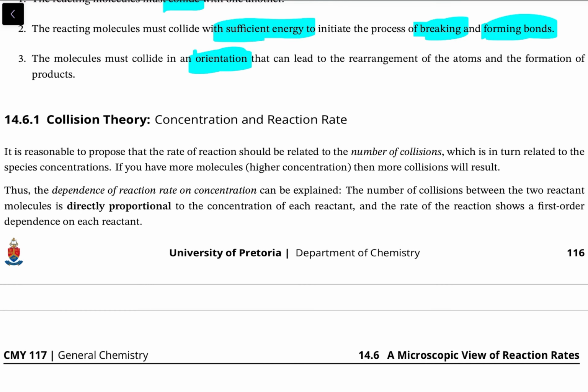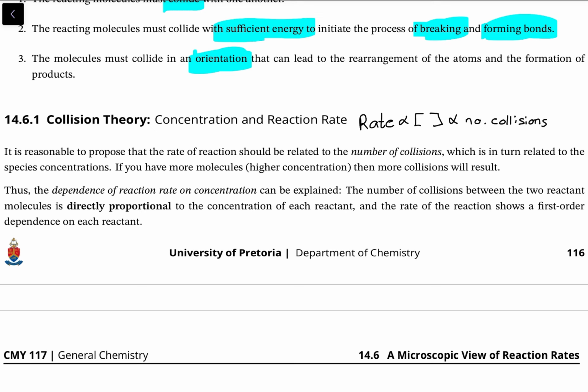So now, where does all this start to link? The first thing is that we looked at way at the beginning. We said that a rate is proportional to the concentration of a species, right? And now, what happens if we increase the concentration? The concentration will be linked to the number of collisions. Why?